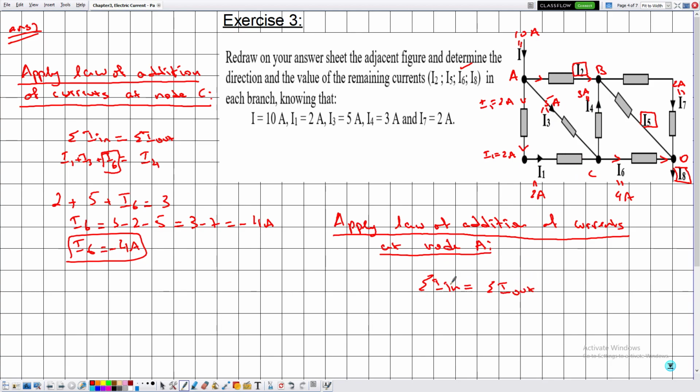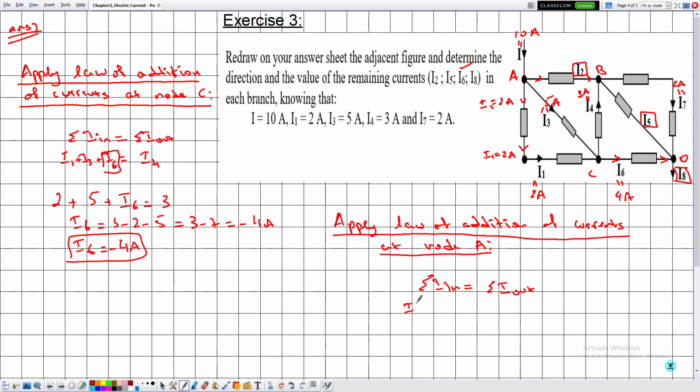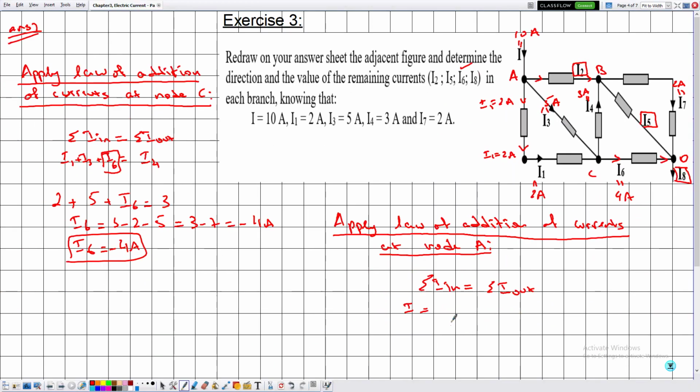On the left hand side of this equation, we'll write the currents that are entering the node, which is given by I. And on the right hand side of this equation, we'll write the currents that are leaving the node, that are given by I1, I3, and I2. Knowing that we are interested in determining I2, the value of I is given by 10, the value of I1 is given by 2, the value of I3 is given by 5, and I2 is kept as a variable.